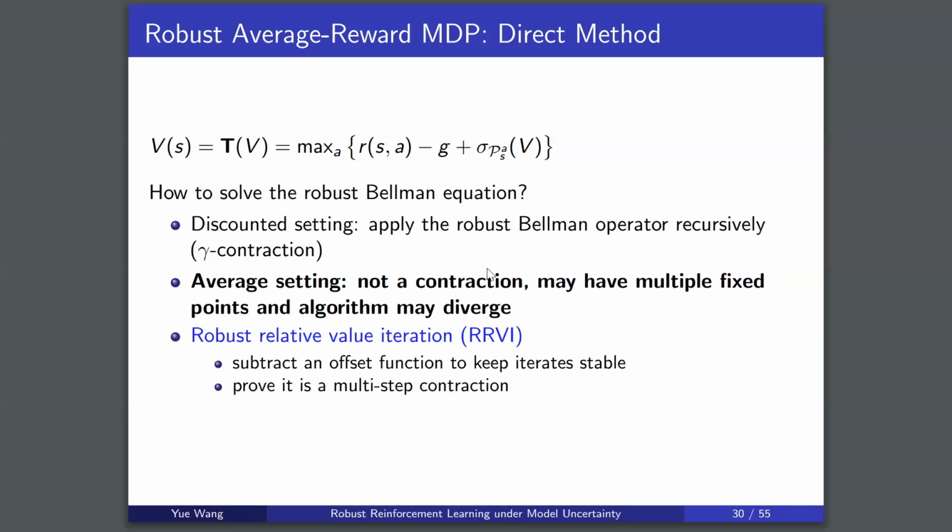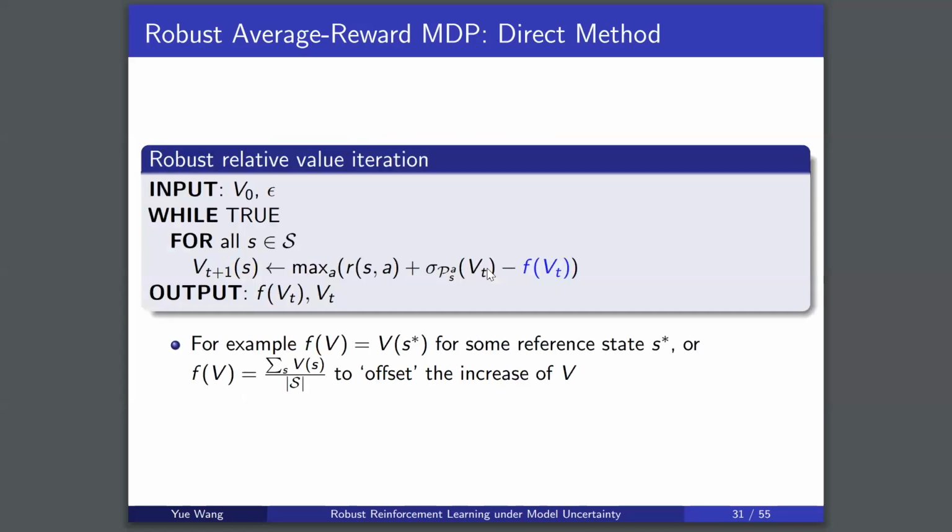To solve this issue, we develop our robust relative value iteration algorithm. The idea is that after we apply the Bellman operator, we subtract an offset function to keep the iteration stable. Then we prove that this algorithm is a multi-step contraction, and hence will converge to the solution to the Bellman equation.